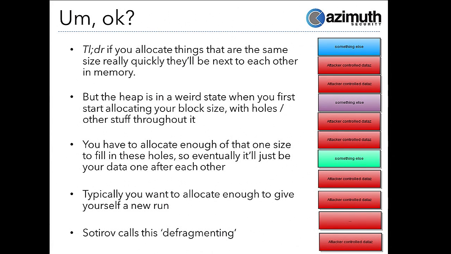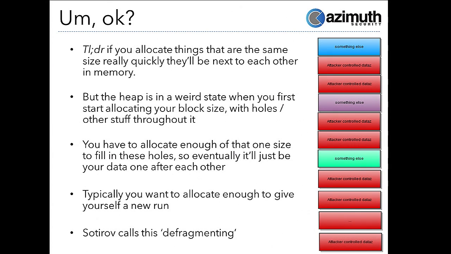But the problem is that people have been browsing the Sydney Morning Herald and a bunch of crazy websites doing all this JavaScript stuff, and your browser's in a weird state when it first starts, which means there are all these holes in the heap and you don't really know what's going on there. So what you need to do is defragment it, which is another term from Sotirov, and that is essentially filling in these holes.